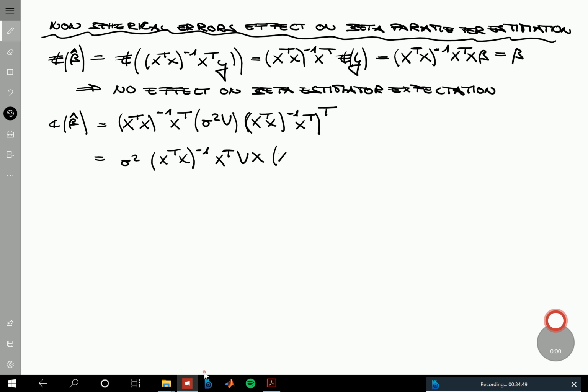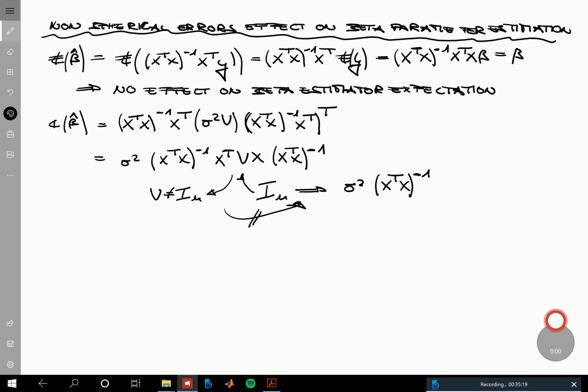Last week, for V we had the identity, and then we ended up at this covariance matrix for the beta parameter estimator. But here, V doesn't equal the identity, so we definitely don't get there.